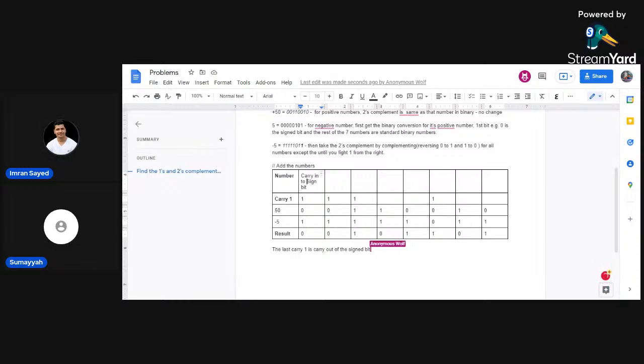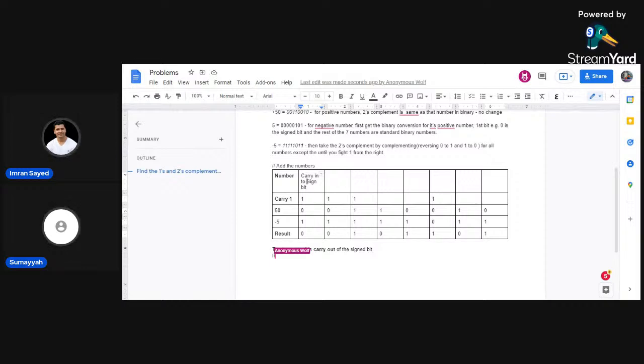If there wasn't anything that was overflowing, then what will it be called? So this was carry out, which is clear. But in case there was nothing carried out, then if there was a carry into sign bit but nothing carried out, then there is overflow and the result is not valid.